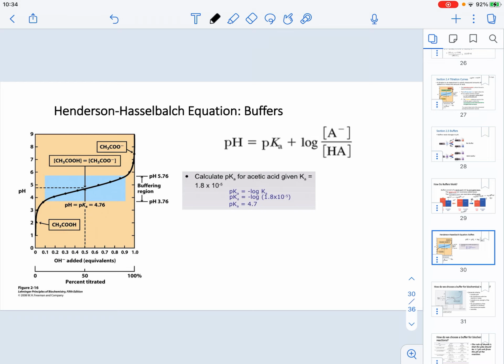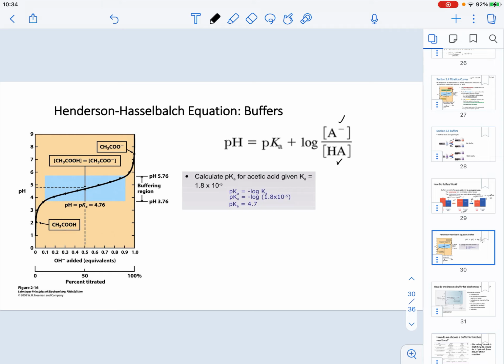and its conjugate base. Now, if we think about it, utilizing the Henderson-Hasselbalch equation, we can actually pinpoint, for example for acetic acid, what will be the pH where we have equal concentrations of our conjugate base and the weak acid.